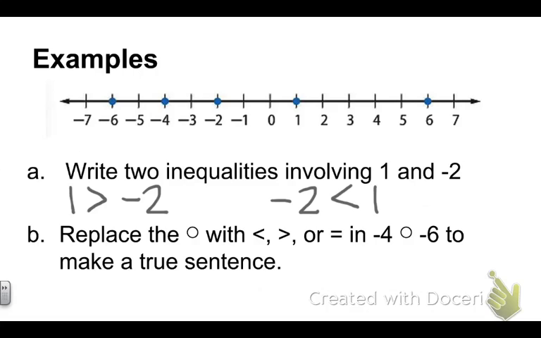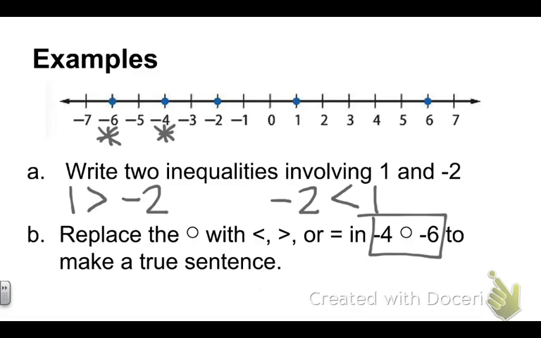Part B, replace the circle with less than, greater than, or equal to in -4 and -6 to make a true sentence. So I want you to look at the number line. Here's our -6, and here's our -4. In the sentence, back here in our example, -4 comes first.